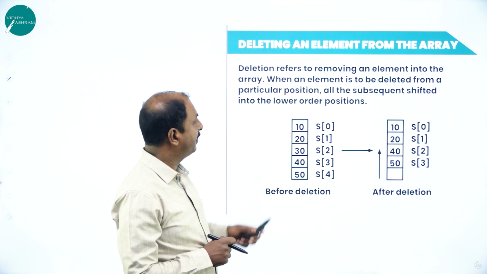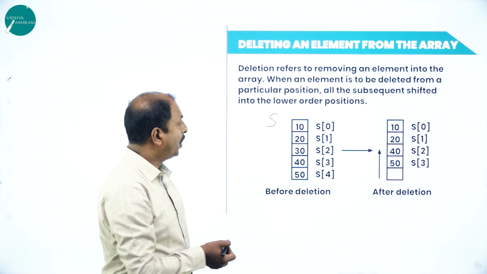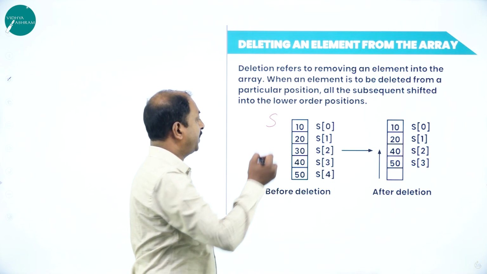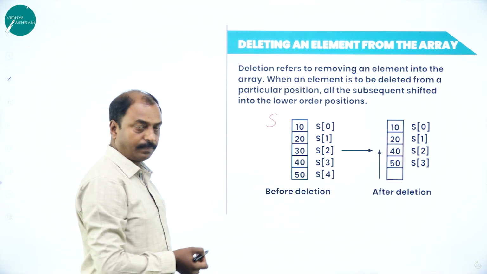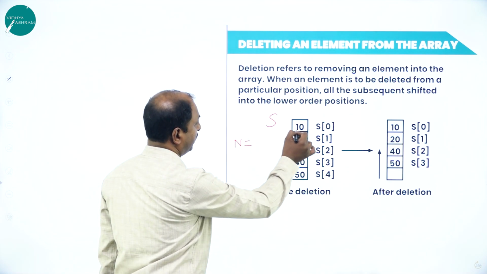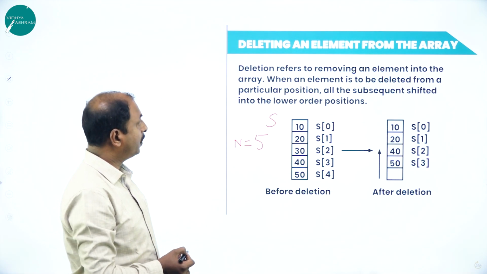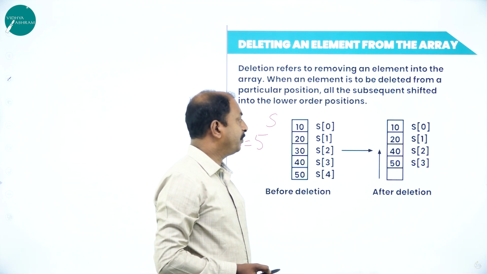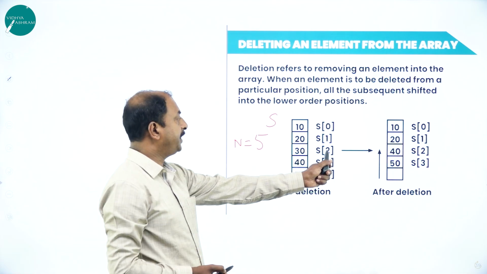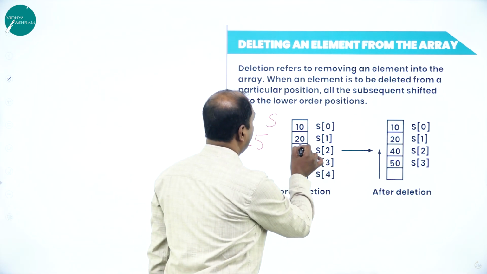This is an array, let it be A or S. S is an array with 10, 20, 30, 40, 50 as the elements. The size here is n equals 5, as there are 5 elements. Now we would like to remove the element at the index S of 2, that is the element 30.